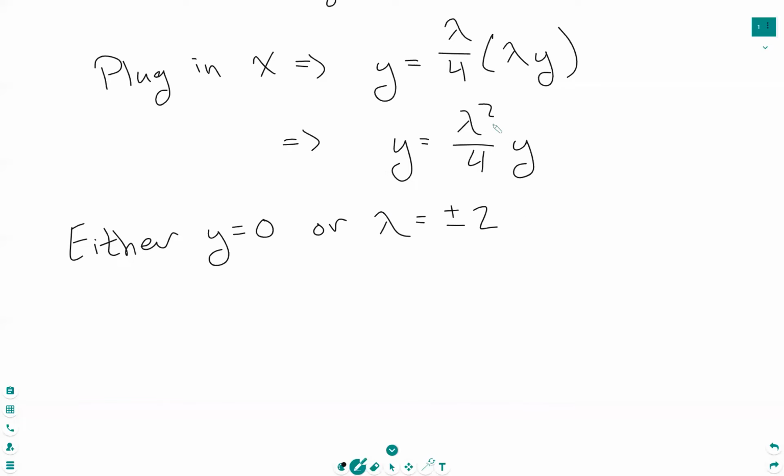Right? Because if lambda is plus or minus 2, then I'll just get that y is equal to y, and we're good to go. y could be anything. But if this coefficient is not 1 right here, then y is certainly equal to 0.